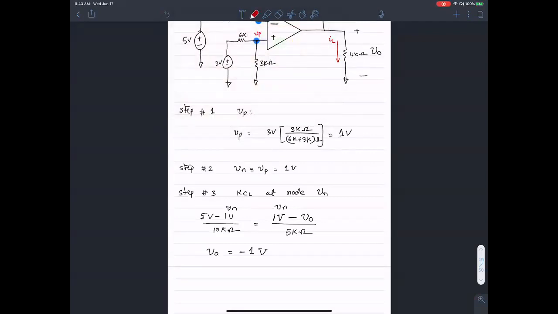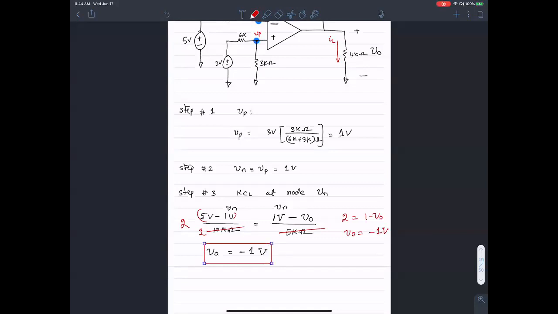It's easy to do that math. This is going to cancel 2 times. I'm going to be left with 4 volts. So this is going to be 4 volts over 2, which is going to come out to be 2 over here. So it gives me 2 equals 1 minus VO. Therefore, VO is going to be negative 1 volt.